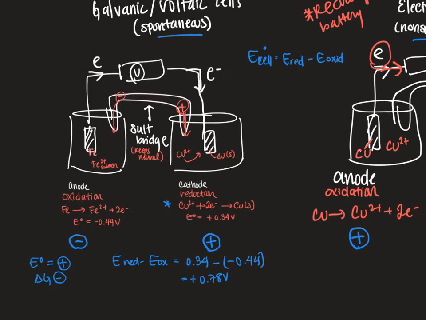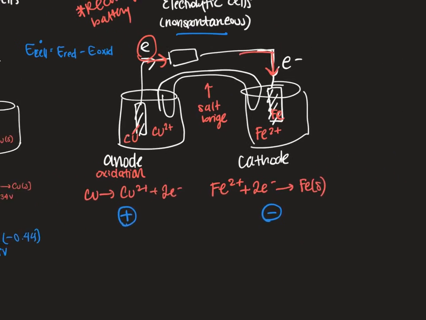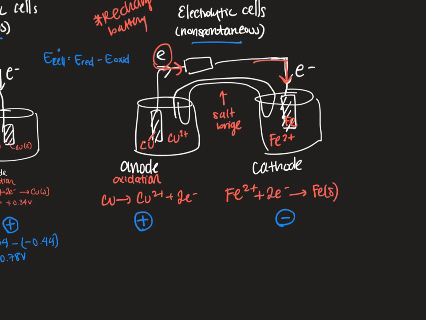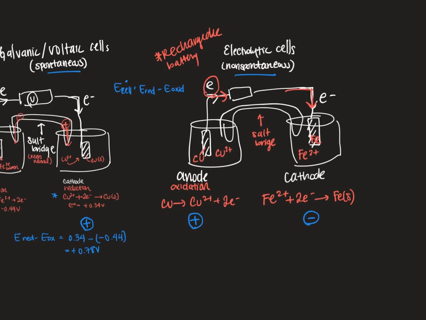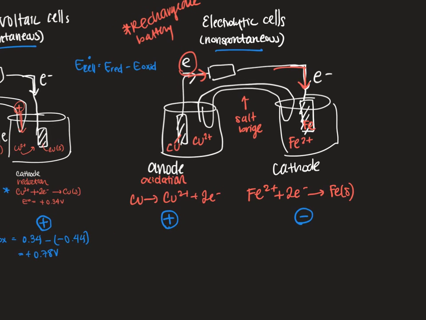In this case, we're going to use the same formula, but we have something else going on with our reduction. So E of the cell is going to be E red, but in this case, this is being reduced, which has an E naught of negative 0.44 volts.